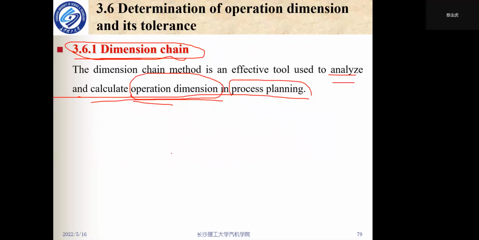So can anybody tell me the definition of dimension chain and what the key points are? I will choose one. Yes, Laoshi again. I noticed only one female student in your class. Can you answer the question? Laoshi, I'm here, I can answer the question. I want the only female student to answer the question.